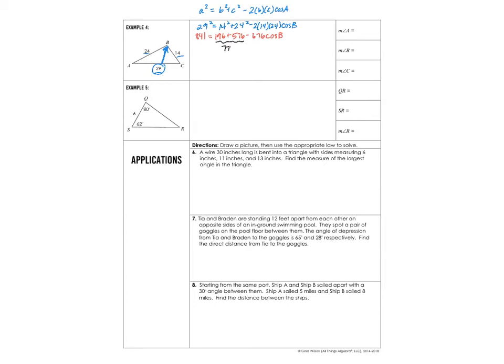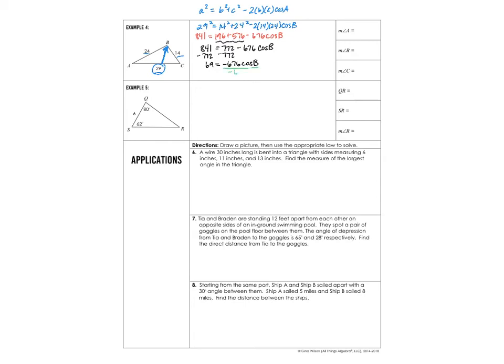You get 772. Remember, you can't put those together because it's connected to the cosine. And then you got to get rid of that 772. That's 69 equals negative 676 times the cosine of B.